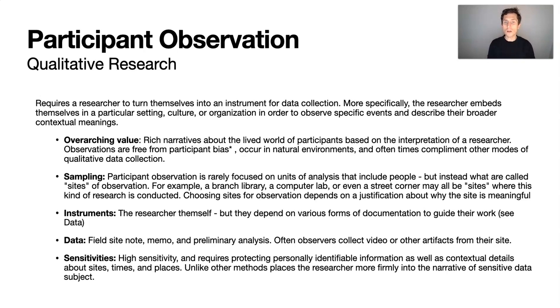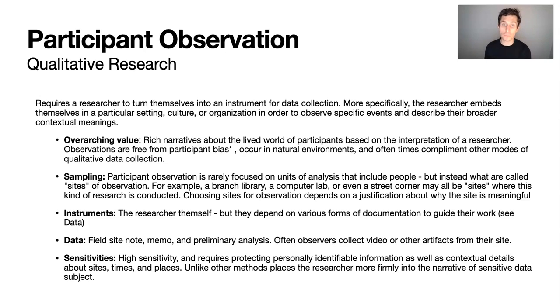But the unit of analysis, that is, what we're attempting to observe and ultimately describe, is often a site as opposed to a particular person. And by this I mean, think of a unit of analysis here being maybe the site in which we will observe some action. So this could be a branch library.